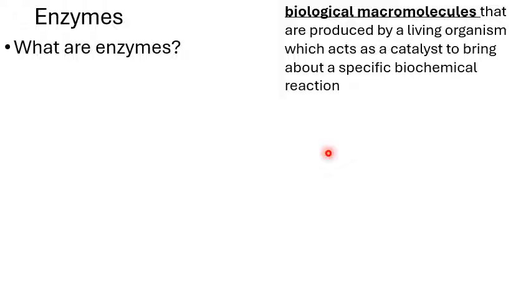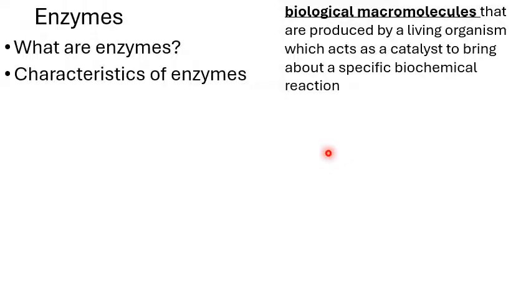They help to fast track reactions within the cells, and they are useful in every living cell. So enzymes are natural substances. They are produced within every living cell, both microorganisms, plants, and animals.